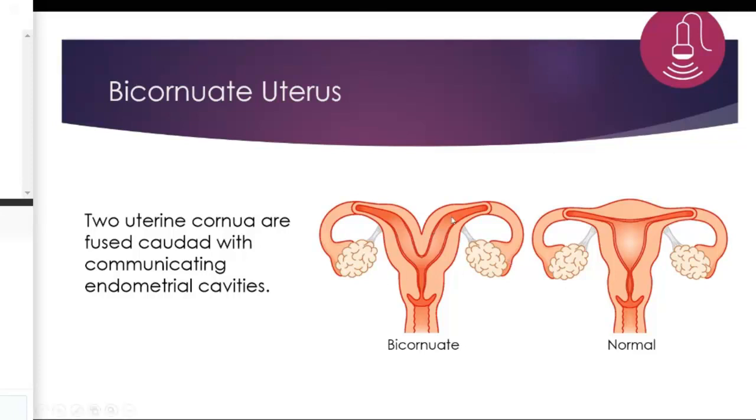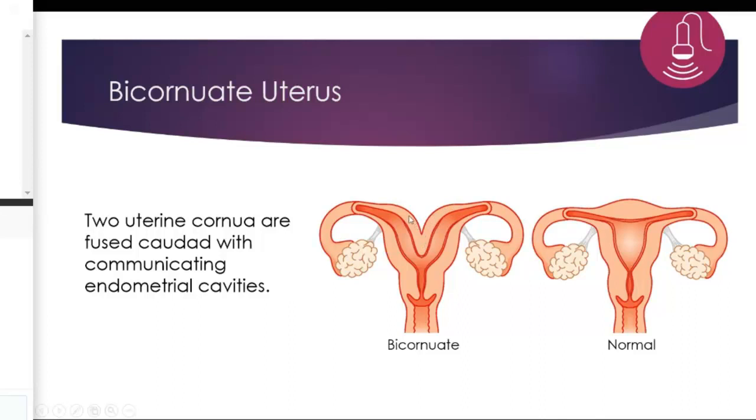So the normal cornua, these are the corners of the uterus, connect and come down into an endometrial cavity here. We can see a nice normal myometrium around that cavity. And then in a bicornuate uterus, we can see that one cavity goes off this way and one goes off this way. So this is the part that fails to fuse.